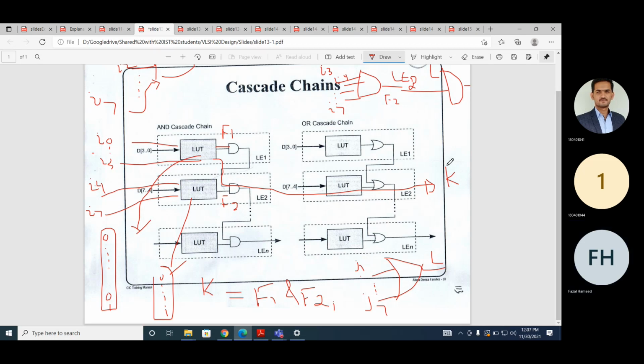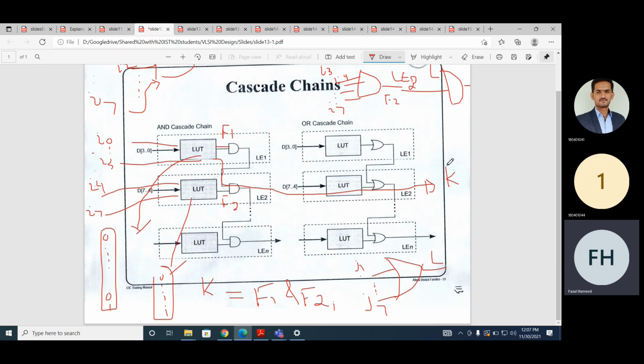OR chain. This can be partitioned into two 4 input OR gates. One OR gate can be implemented with one logic element, the other OR gate with the second logic element, and then the OR chain can be used.